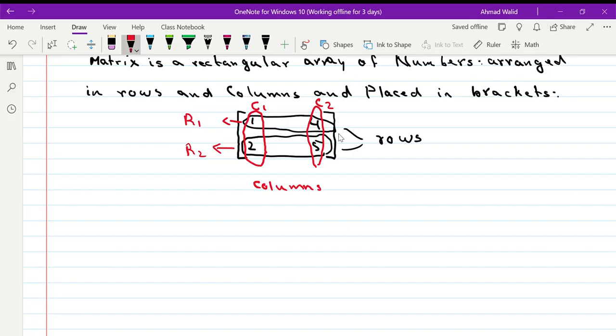Even though this information is not in your book, we gave them a size also. For example, this one is a 2 by 2. We write it this way, a 2 by 2 matrix. It means it has 2 rows and 2 columns. And if the number of rows and number of columns are equal to each other, we call those matrices a square matrix. 3 by 3, 2 by 2, 4 by 4. They come in different sizes.